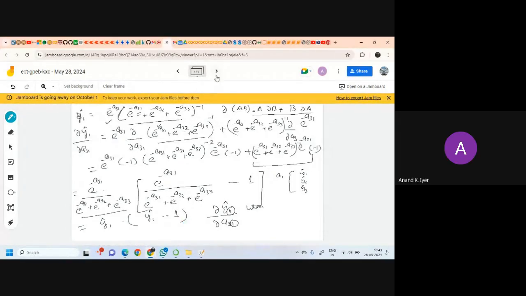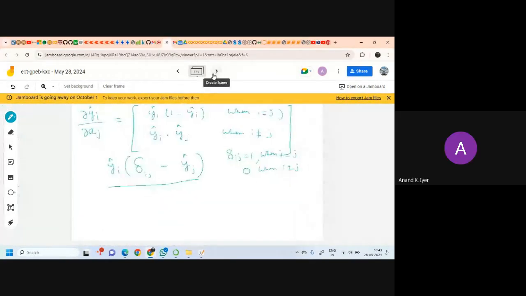So this was y hat minus 1, so take out this minus here. There is some sign problem somewhere. Yes, we can see where the problem is.